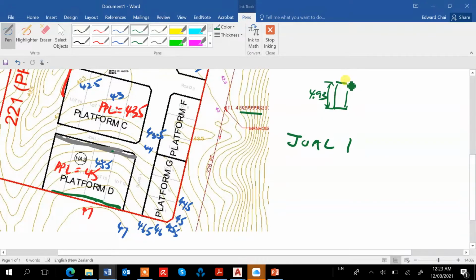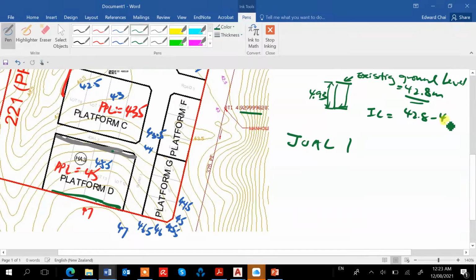Okay, so this is the existing ground level, which at this point is between 43 and 42.5, which is about, let's say, 42.8 meter. If this is 42.8, then the invert level will be equal to 42.8 minus 4.93.